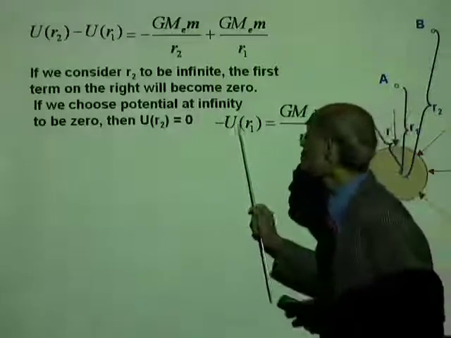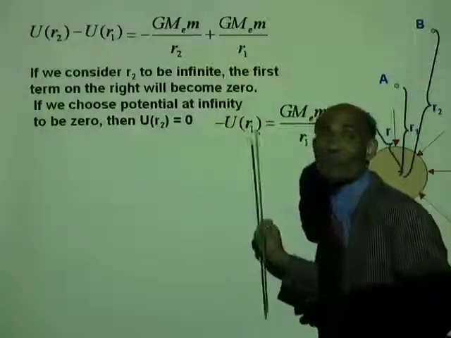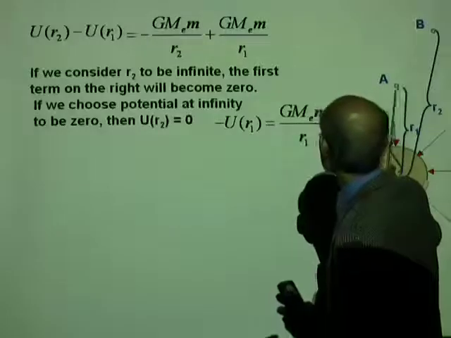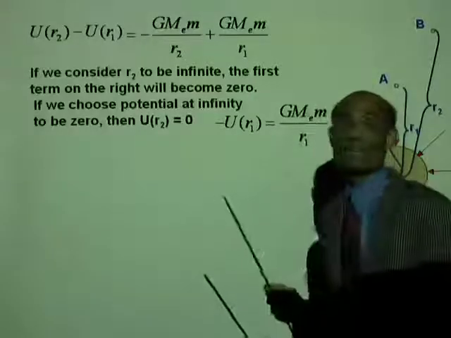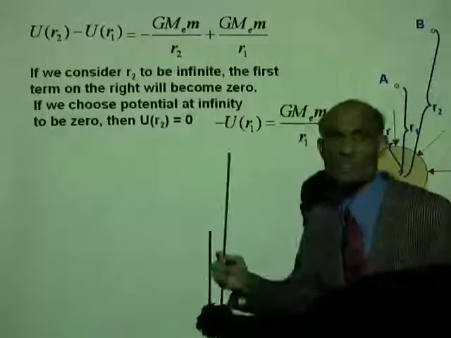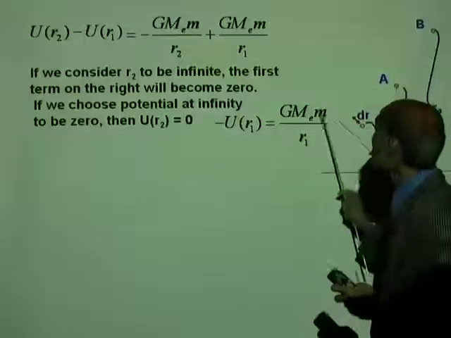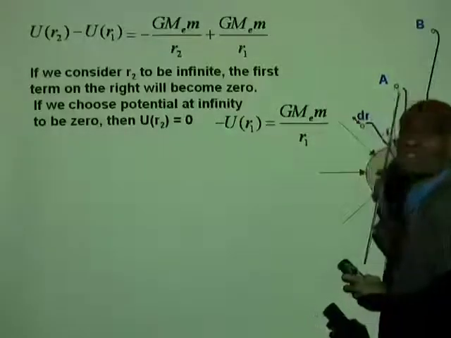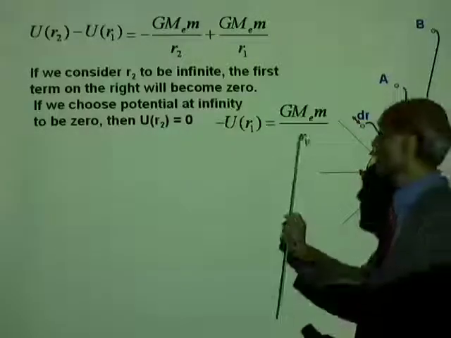Now what does U(r1) represent? Potential of the object at point A. In other words, this is a measure of the potential energy of an object of mass m placed at a distance r1.